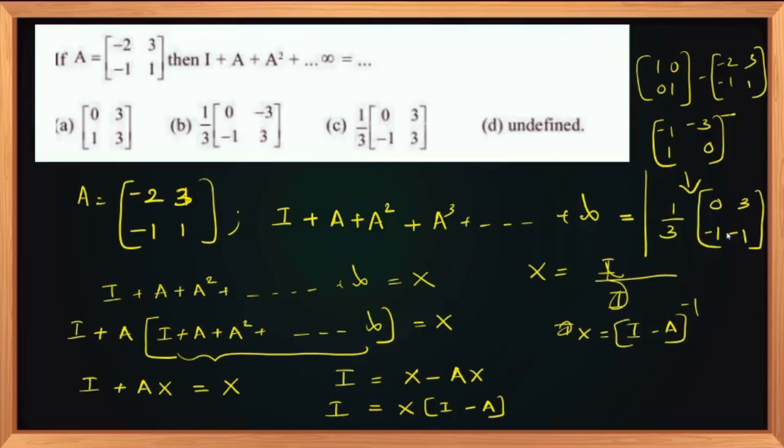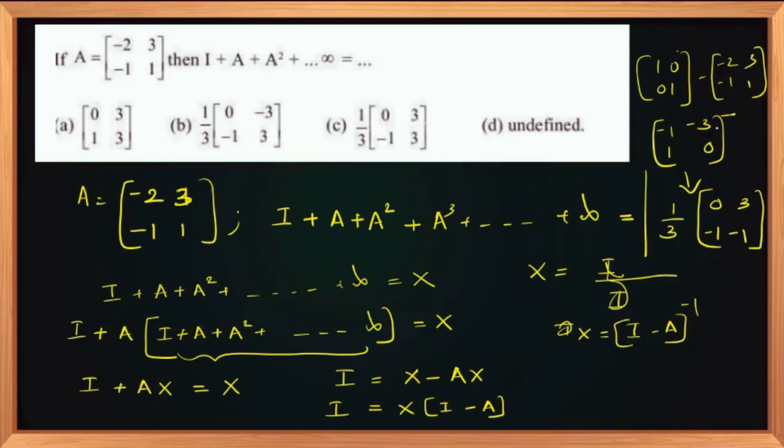Okay, where have I made the mistake? 1 by 3 into 0 minus 1, 3 minus 1. I minus A means 0 minus 3, 1 minus 1. This is 0, right?